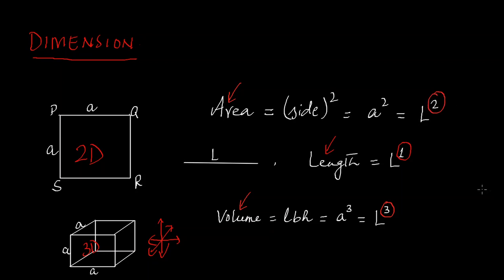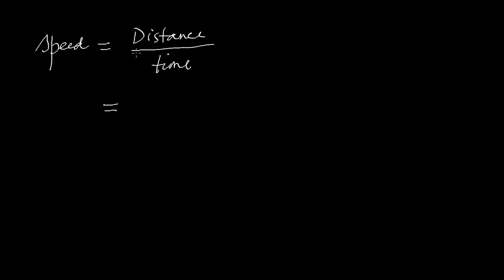Let me give you another example, because this involves only length. Let me give you an example which involves time also. So what about speed? How do you define speed? Speed is distance divided by time. Distance is nothing but the length from point A to point B. Yes or no?